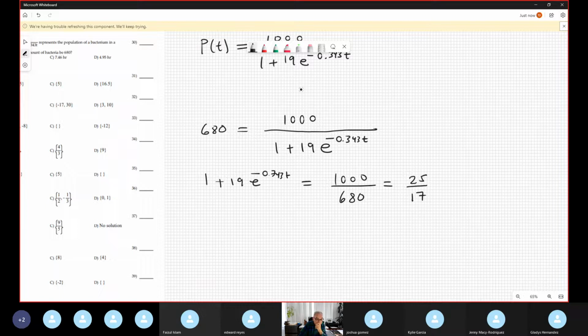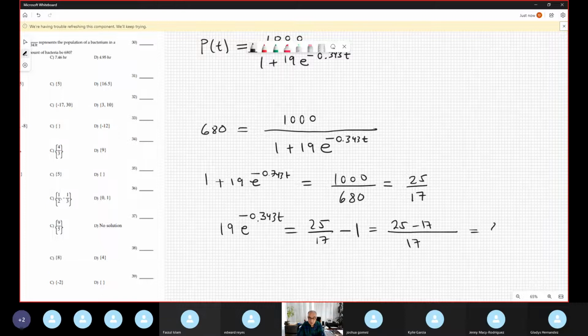Now my goal is t, remember. I move 1 to the other side: 19 e to the minus 0.343t is equal to 25 over 17 minus 1. Find the least common denominator, 17: 25 minus 17 is 8, over 17.